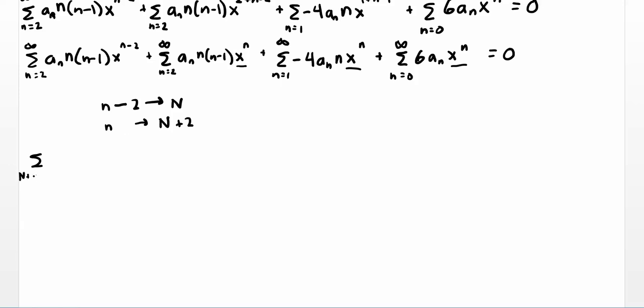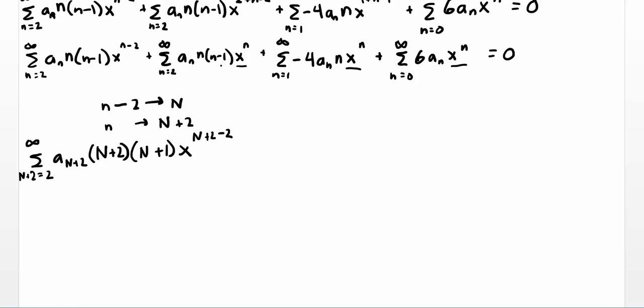The index starts at N plus 2 equals 2, a sub N plus 2, times N plus 2, subbing in for little n, and then N plus 2 minus 1 is just N plus 1, x to the N plus 2 minus 2, and that's the first series.